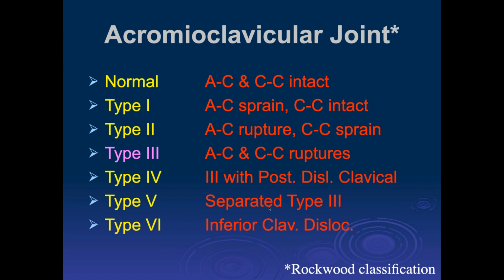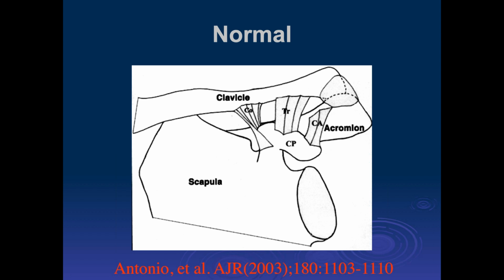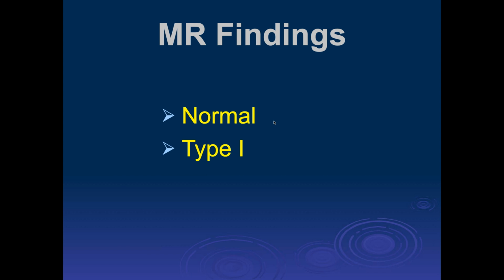A type 5 is basically a type 3, but you have increased separation of the AC joint and generally injury to the retinaculum superior to the joint. And then type 6 is an inferior clavicular dislocation. So as you know, here would be the AC joint, and then we have the CC ligaments here and here.